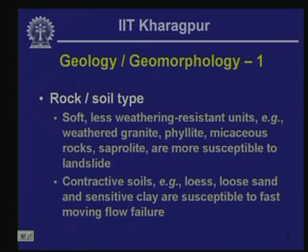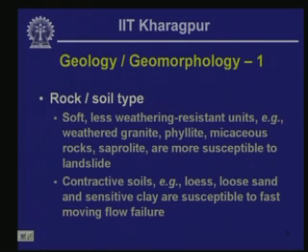A little bit more details about those individual components or individual points that we summarized in the previous slide. First, we considered geology and geomorphology in a given area. Prime consideration in this particular case is rock and soil type underlying the slope, underlying the area for which we are trying to assess the landslide hazard.